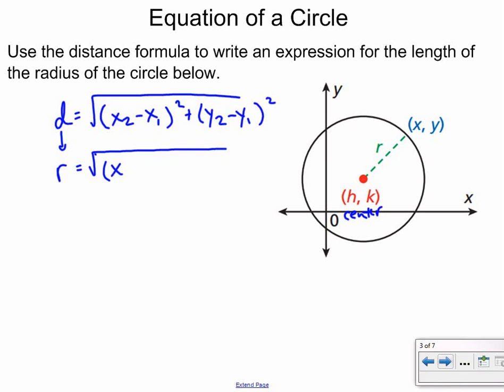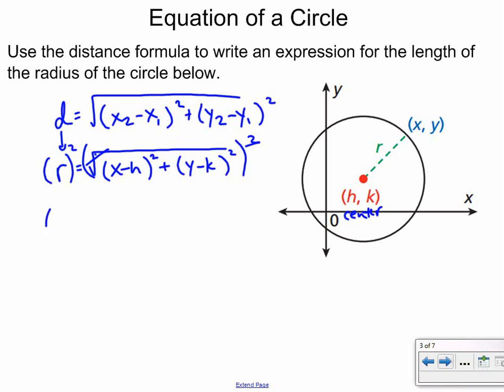So we have (x minus h) squared. Those are the two x values of my coordinates. And then (y minus k) squared. Those are the two y values of the coordinates. Just to clean this up a little bit, if I wanted to get rid of the square root symbol, I could square both sides of my equation. The square root and the squared would cancel out because they're inverse operations.